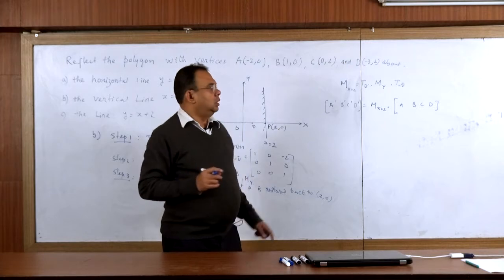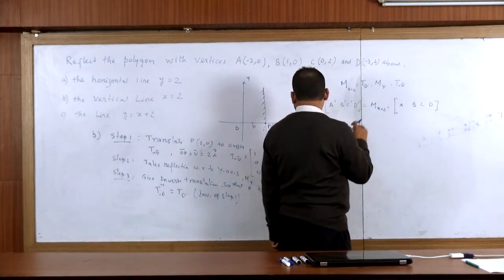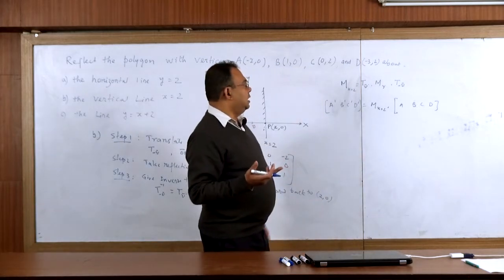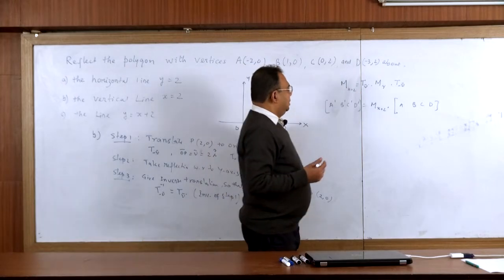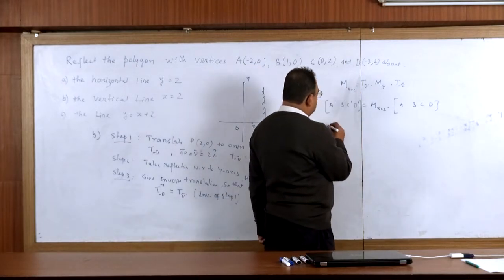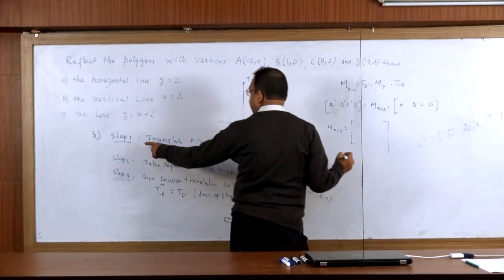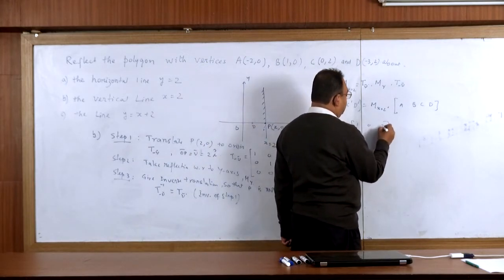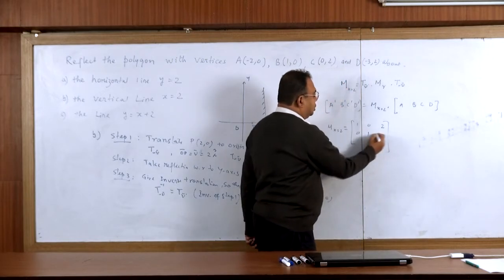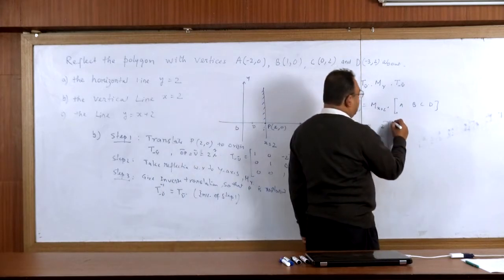So, we can easily express these 3 matrices, and we can get the result after multiplying them. Let us multiply and obtain the result. M x is equal to 2 is T V, which is nothing but this matrix 1 0 2, 0 1 0, 0 0 1. Now, what is M y?